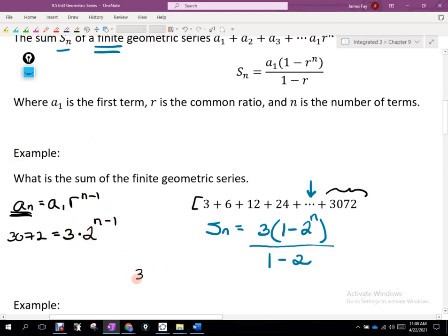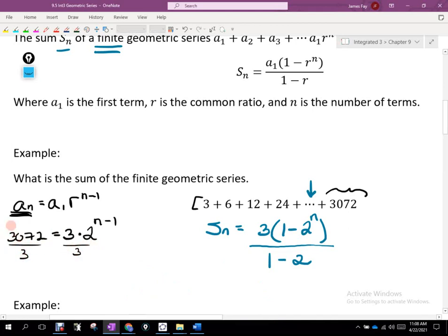Let's say if I had 3 times 2 to the third, if I type that into my calculator it's going to give me 24. If I thought it was 6 to the third, typing that in my calculator is going to give me 216. So those two values are different, right? So in this case, I want to divide both sides by 3.